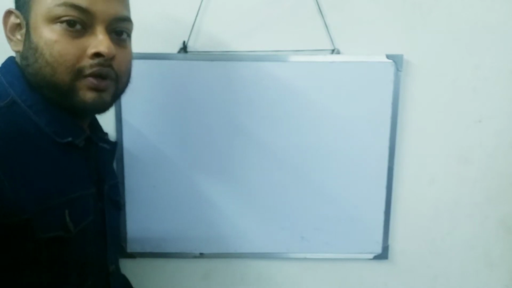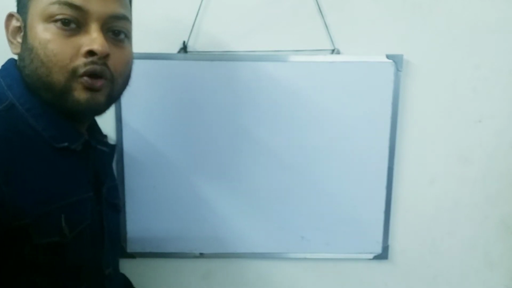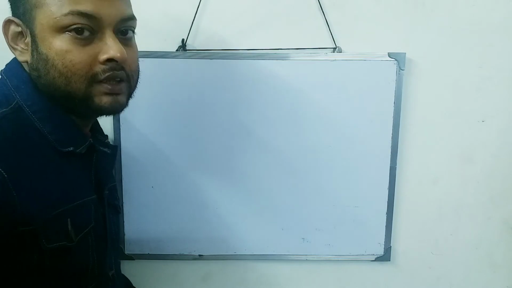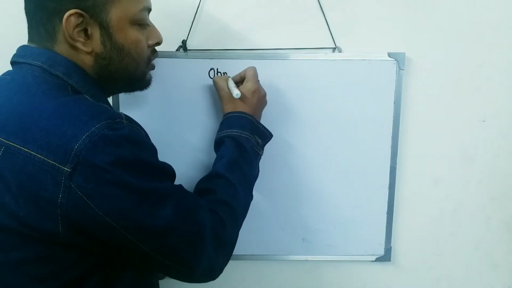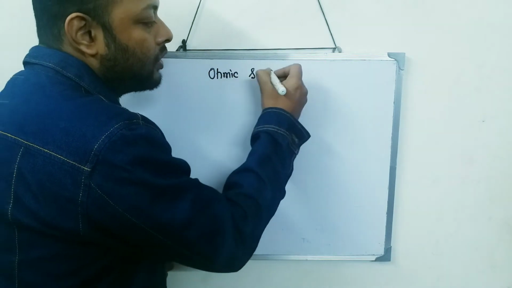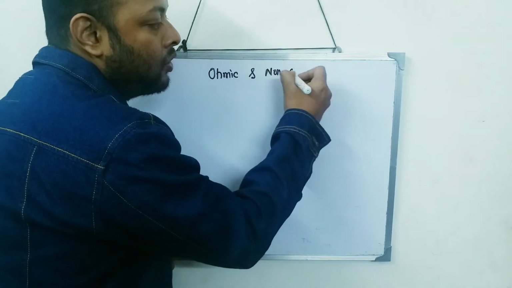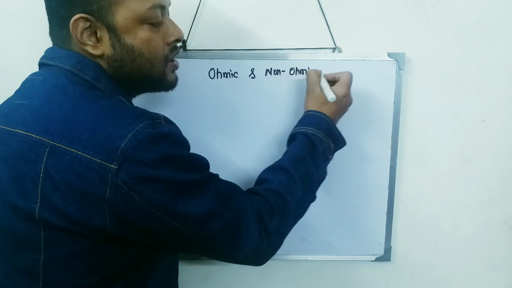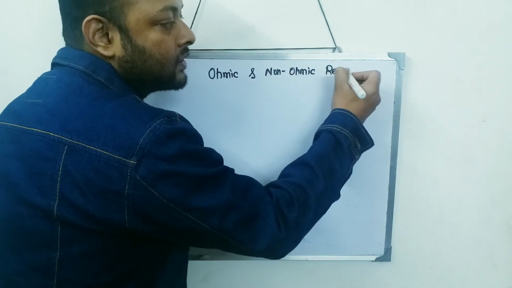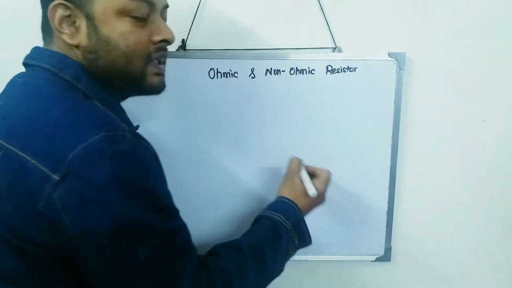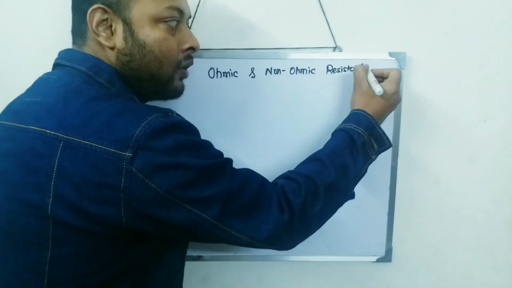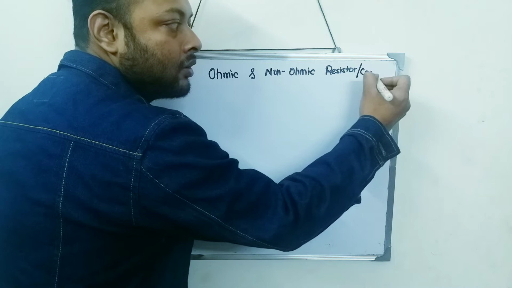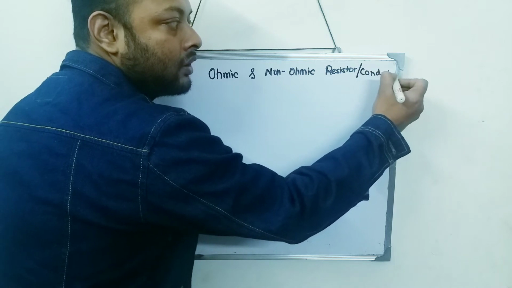So this is the 5th video on this chapter, and today's topic will be ohmic and non-ohmic resistor. Now this word resistor over here, you can also replace that by the word conductor.